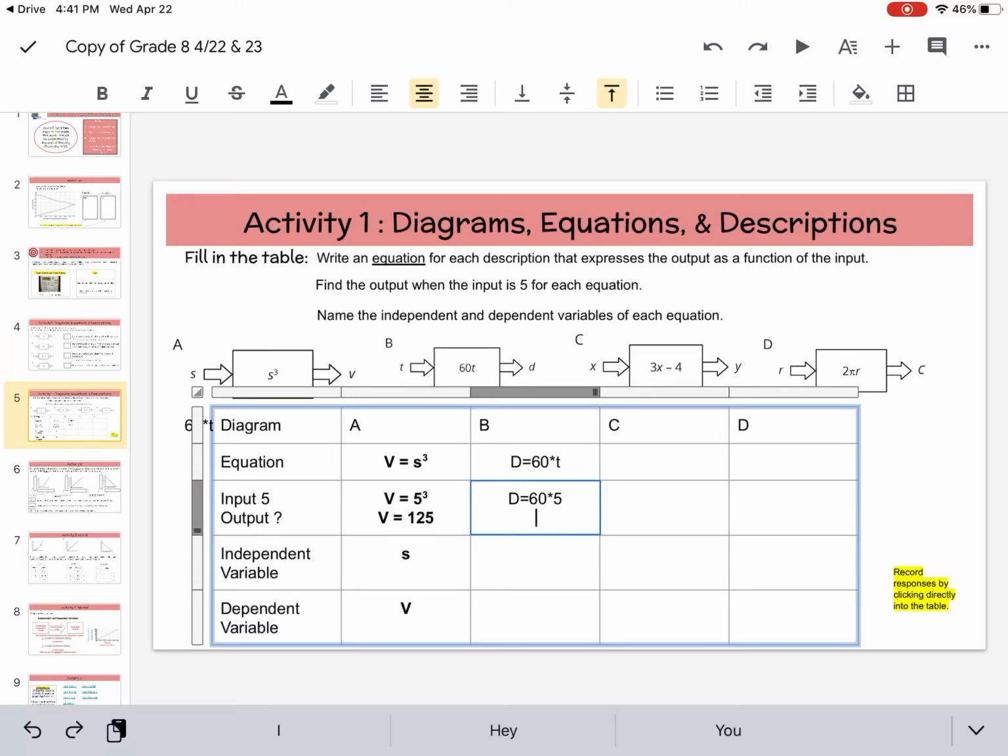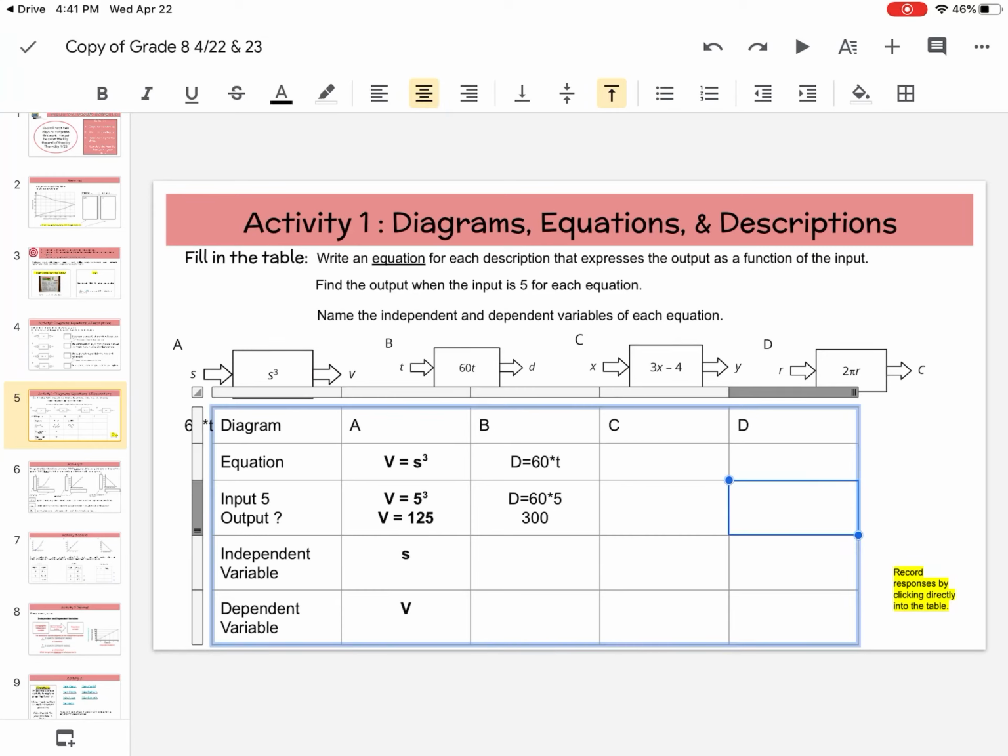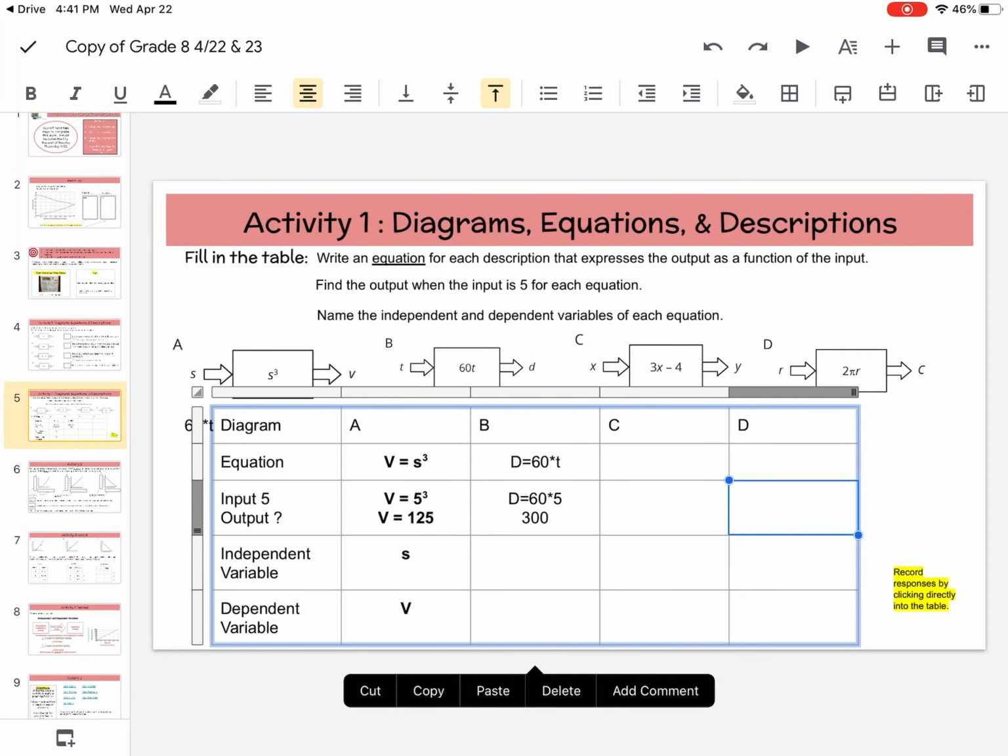Then if I multiply 60 by 5, I get 300. You're going to do the same thing for C and D, plugging in 5 into the equation. When you're looking at D, make sure you don't put an X there because it's equal to 2 pi R. Make sure you remember that's pi, okay?